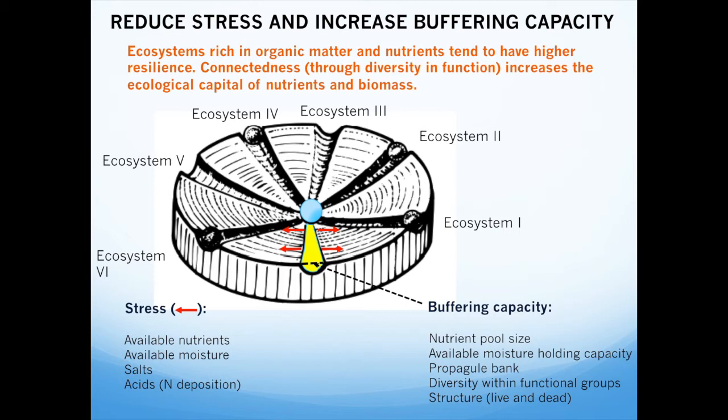Buffering capacity is built by nutrient pool size, available moisture holding capacity, propagule banks, diversity within functional groups, and live and dead structure. All of those confer buffering capacity. So any reclamation prescriptions that tend to reduce stress and enhance buffering capacity will in fact favor resilience of that particular ecosystem.